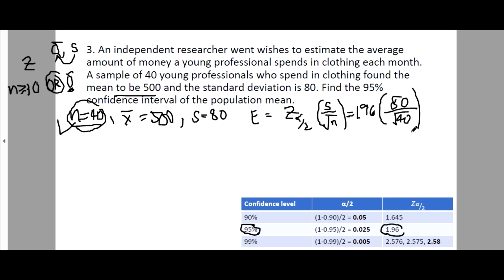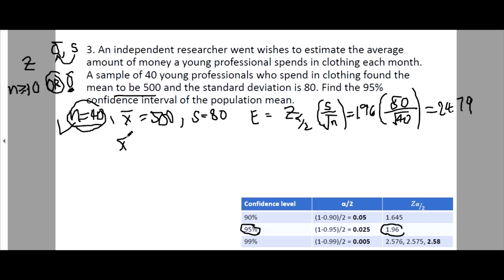Okay, so you try using your calculator to check. Square root of 40. So 24.79. So this is equal to 24.79.